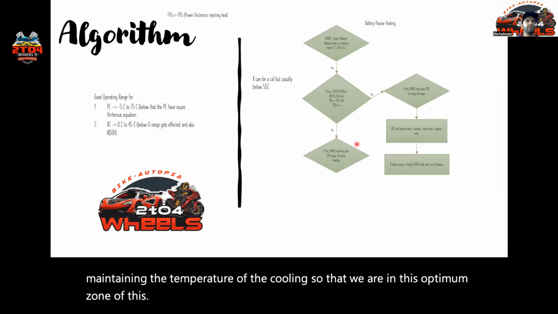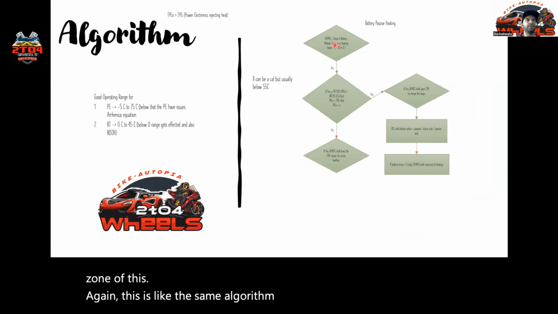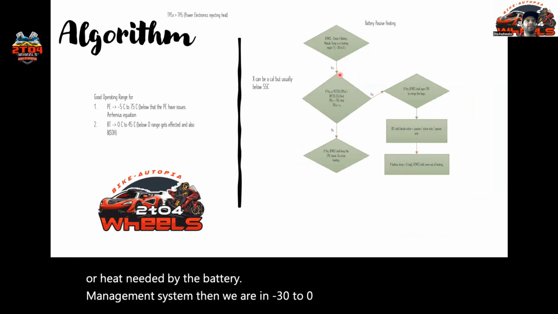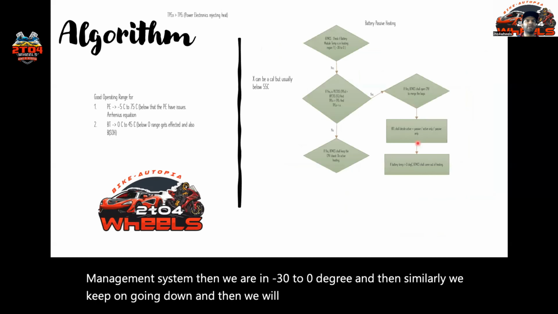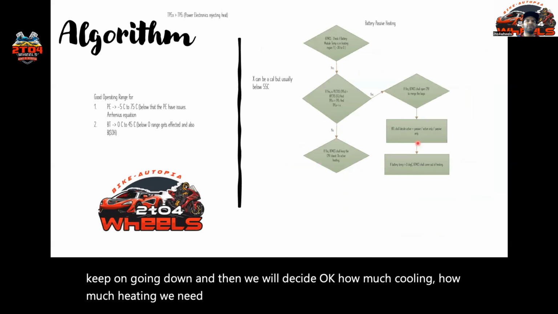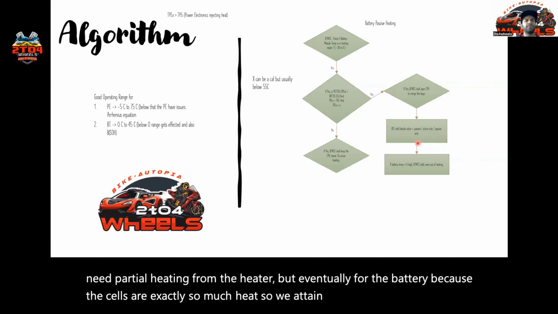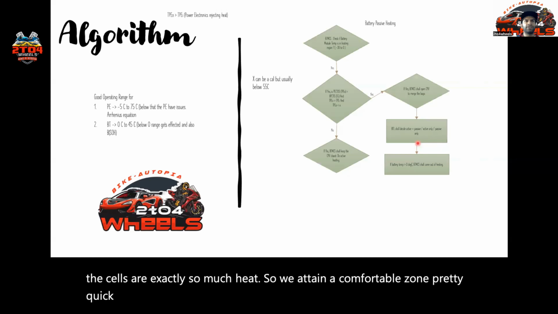Again, this is the same algorithm where we calculate the heat rejected or heat needed by the battery management system when we are in negative 30 to 0 degrees. And then similarly, we keep on going down and eventually we decide how much cooling, how much heating we need, whether we should turn the heater off, whether we need partial heating from the heater. But eventually for the battery, because the cells are ejecting so much heat, we attain that comfortable zone pretty quick and we just try to monitor the temperature of the coolant.